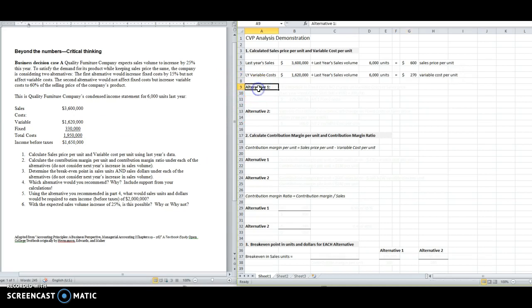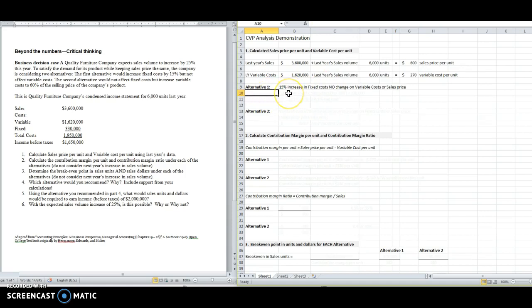Now it's asking us to calculate the sales price and variable cost per unit, but we need to consider the changes that are made for the different alternatives. The first alternative would increase fixed costs by 15%, but would not affect variable costs. So for the first one, we're looking at a 15% increase in fixed costs and no change in the variable cost or the sales price.